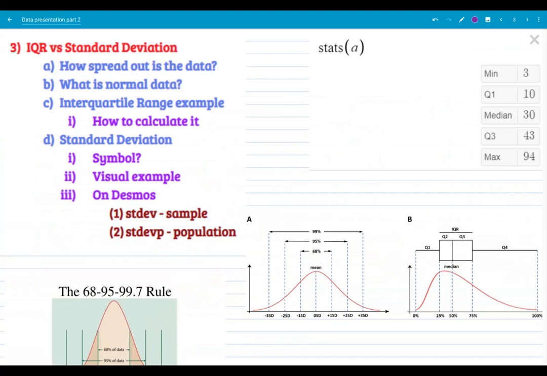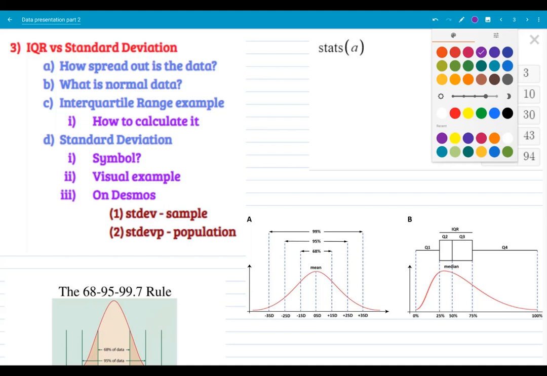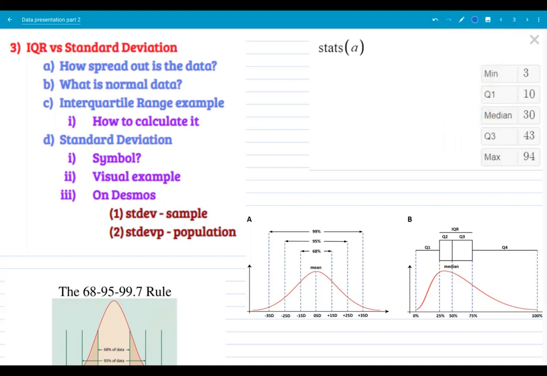Part 3, IQR versus standard deviation. IQR and standard deviation. We're looking at these two questions: how spread out is the data, and what is normal data? I mean, that's all people who study data are really talking about, what's normal and how spread out is it.